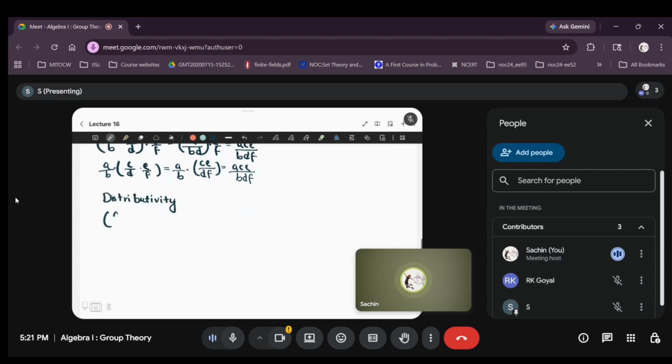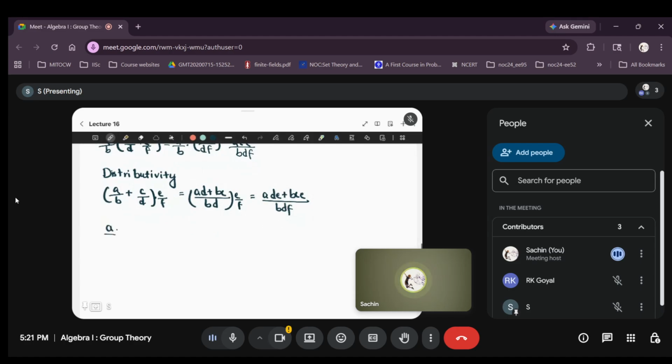So if you have a by b plus c by d into e by f, this will be equal to ad plus bc by bd into e by f. This will be equal to ade plus bce divided by bdf.